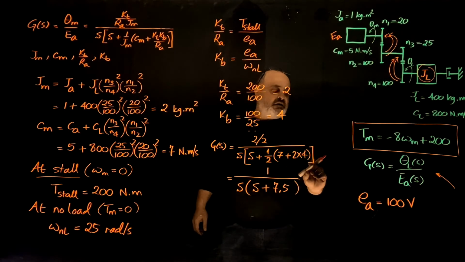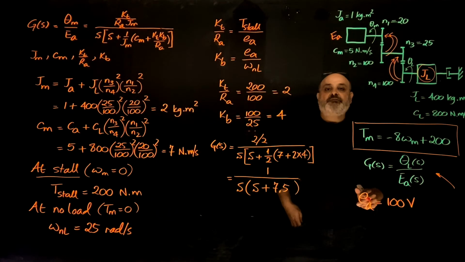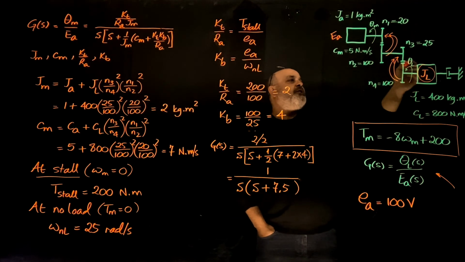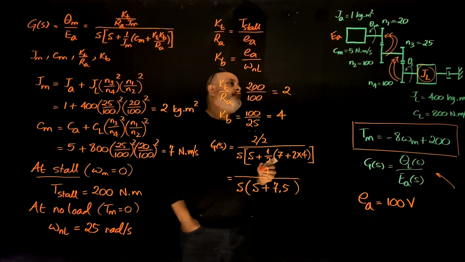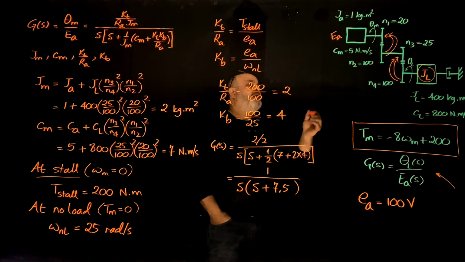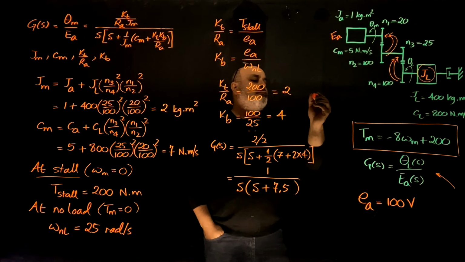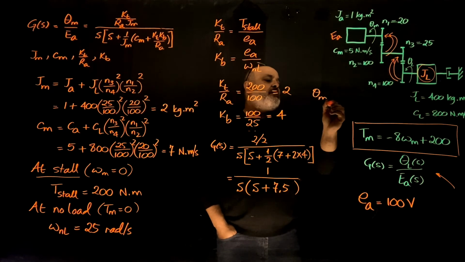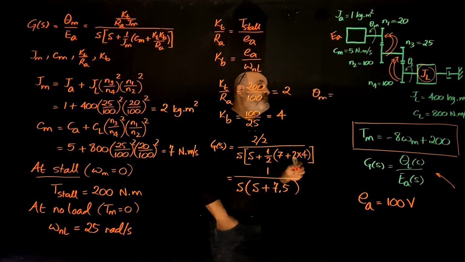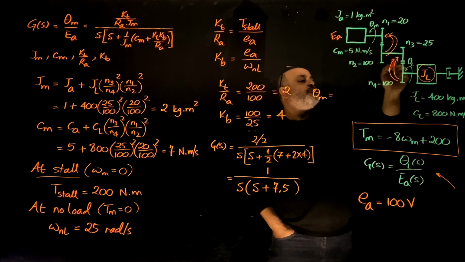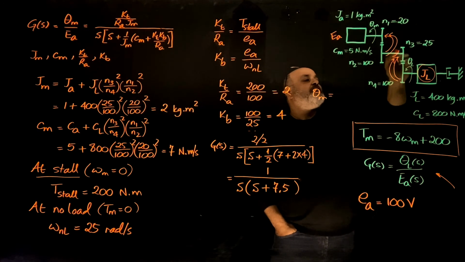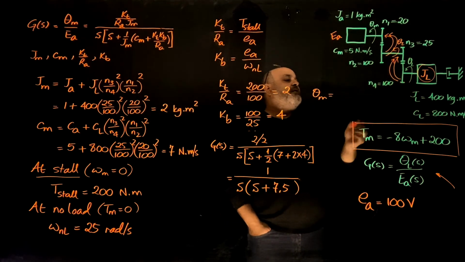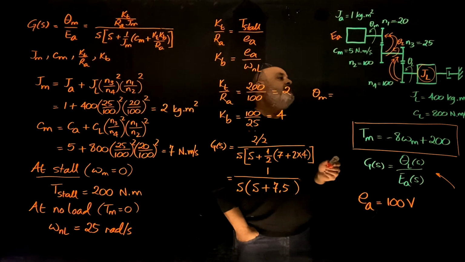But what's required here is theta L. It's very easy. I know that there's a relation between theta L and theta M. Theta M is equal to, let me go from theta L to, let me call this theta 2. From theta L to theta 2, I'm going to go through this gear ratio.